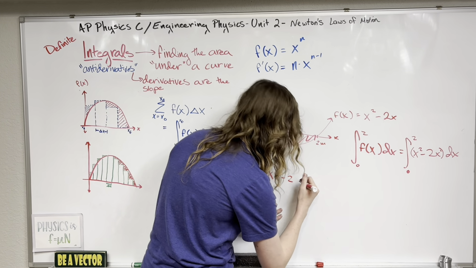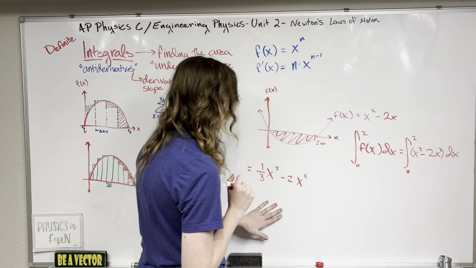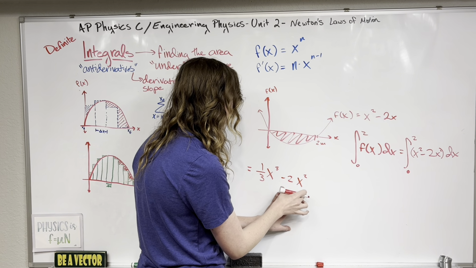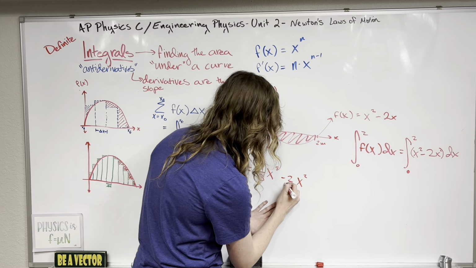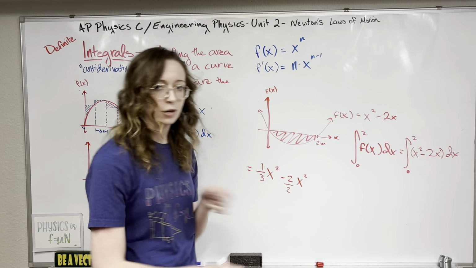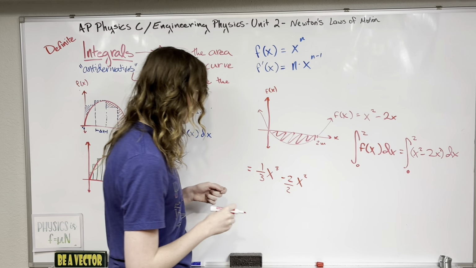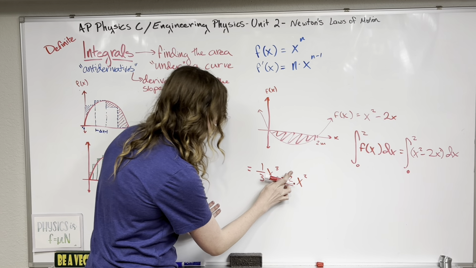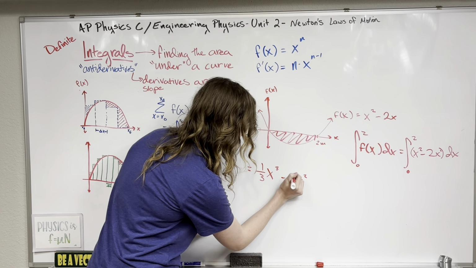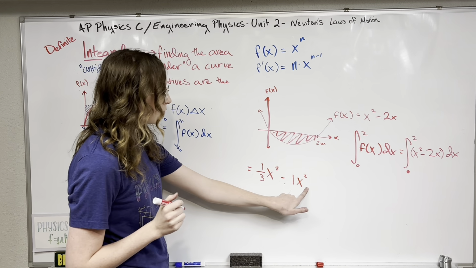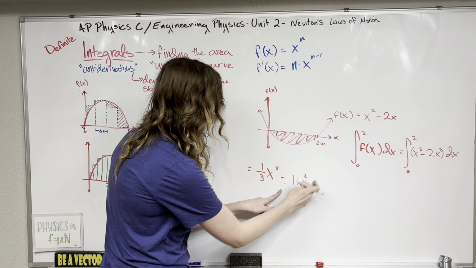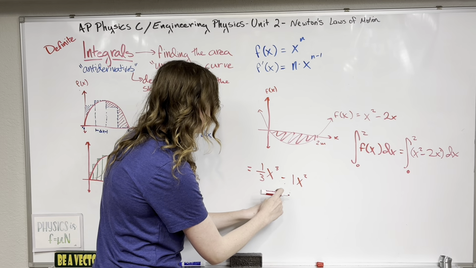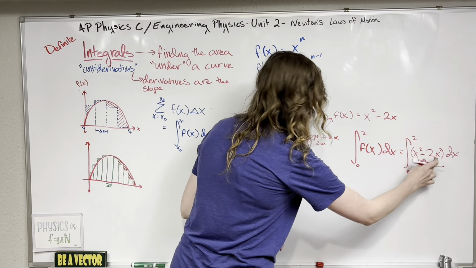I would add 1 to 1 to get x squared, but then whenever I did this, I would multiply my 2 down in front, so I have to make sure to divide that in order to undo that multiplication that will happen. So if I took the derivative of this, I have minus 2 divided by 2, which simplifies down to 1. Minus 1x squared. If I took the derivative of this, 2 would come down in front and would decrease to an exponent of 1, so this would become minus 2x, which is what I wanted.